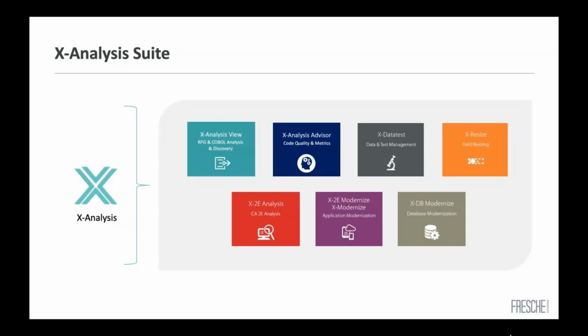X analysis is the core to the whole system, and that's what gives you the ability to understand the relationships between tables, between programs and the tables they use and the other programs they call, even down to the field level, where I can track information from a field in a table the whole way through the system and ultimately where it ends up. So that's the core of the system.